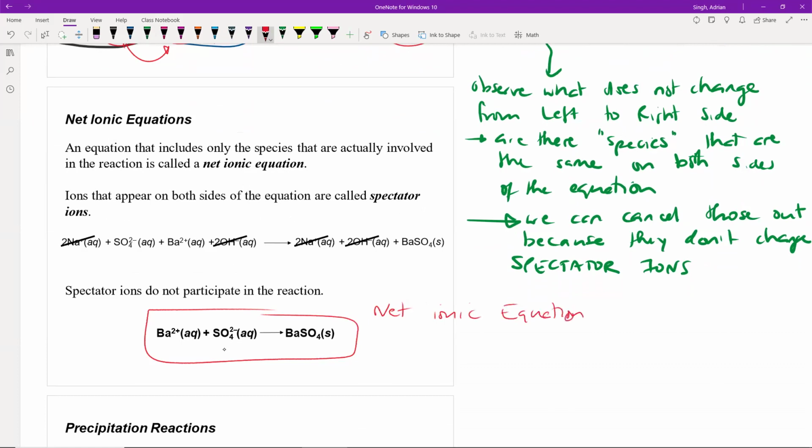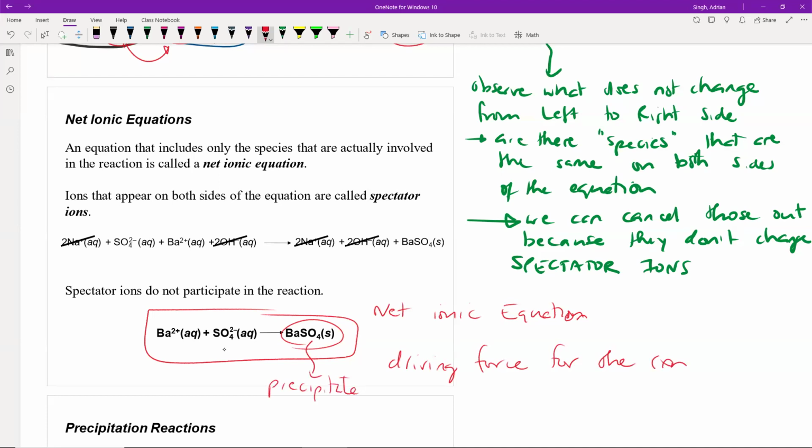Right, if you were to zoom in with a very powerful microscope, the formation of the solid, that is actually the driving force for this reaction. And again, the solid here that's formed, that's your precipitate, right, in this precipitation reaction.